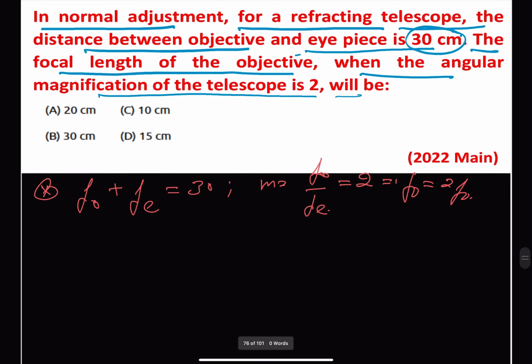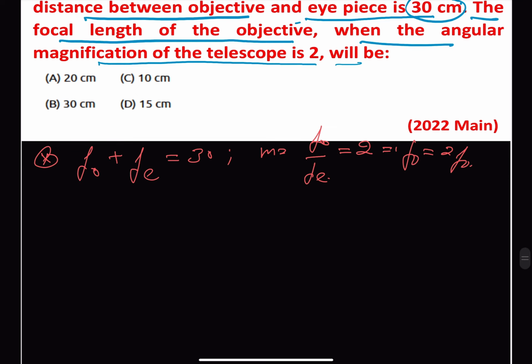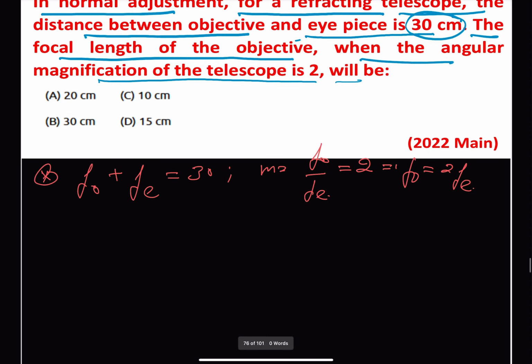So we substitute, and we get f naught is equal to twice of fe. So from here we have to find out the focal length of the objective.